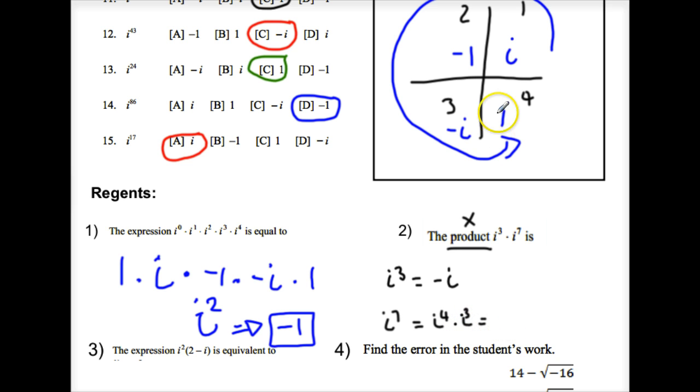I to the fourth is 1, times what's I to the third? Negative I. So when I multiply these two, I to the third times I to the seventh will be negative I times negative I. Negative times a negative is a positive. I times I is I square, which we all know is negative 1.